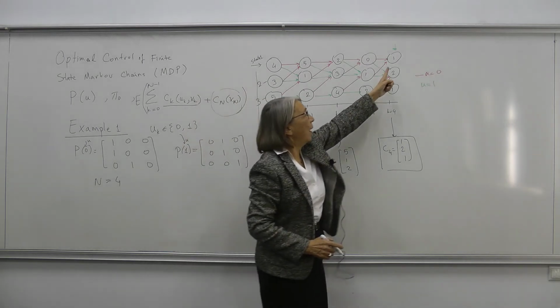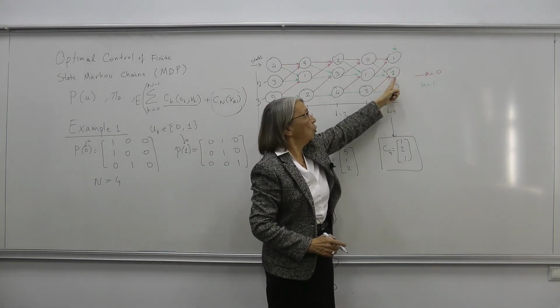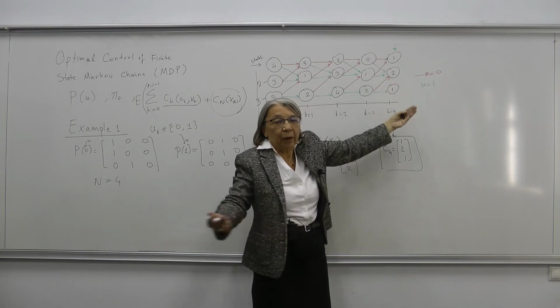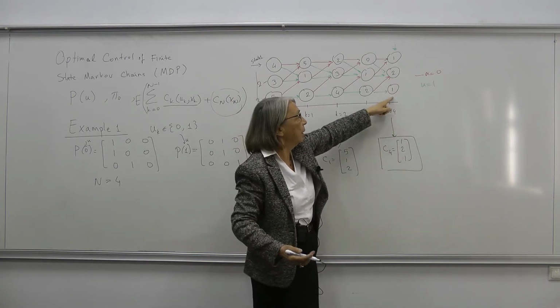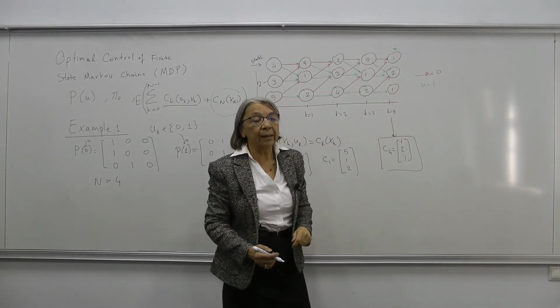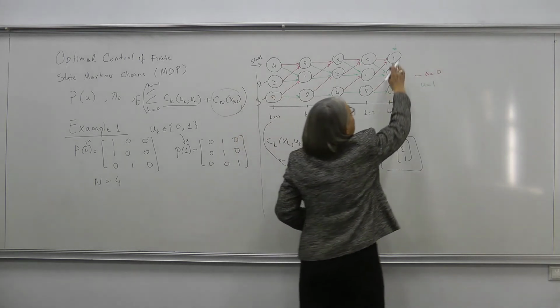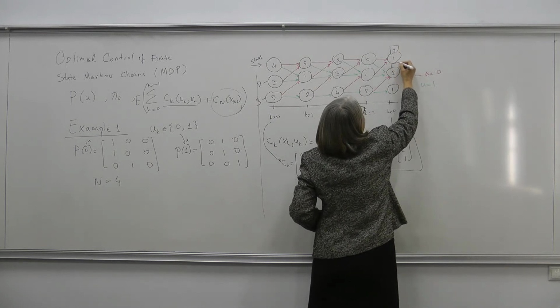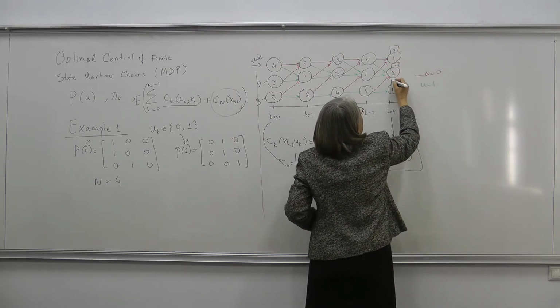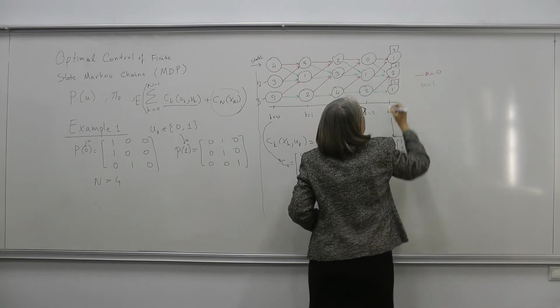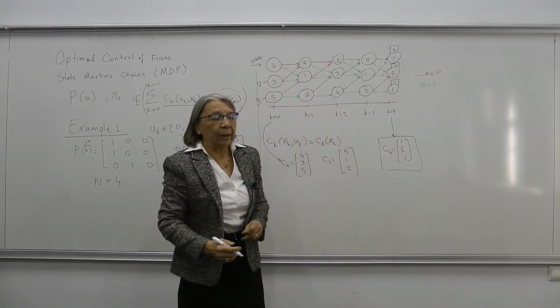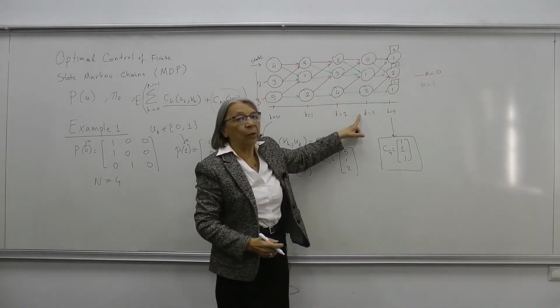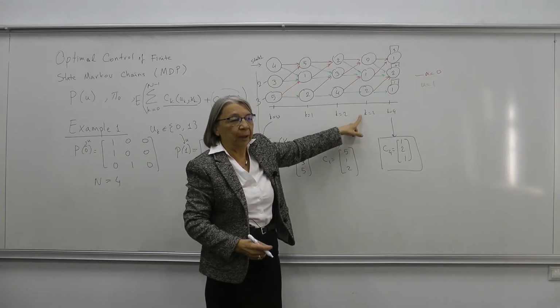The cost to go value here is 1, and the cost to go value here is 2, since we are already at the last point, and the cost to go value there is equal to 1. So I will write those cost to go values in this way: this is 1, this is 2, and that is again 1. We can do nothing more there.